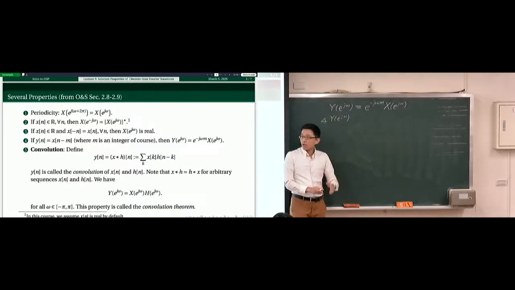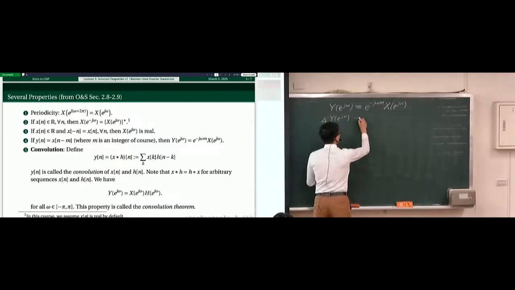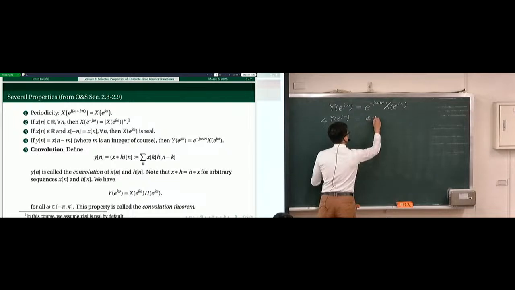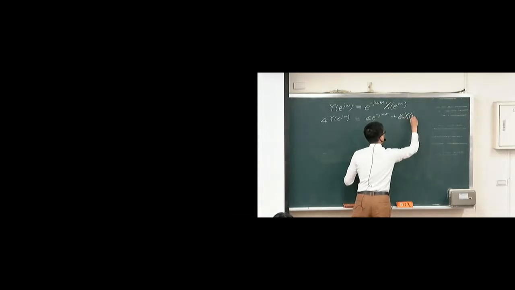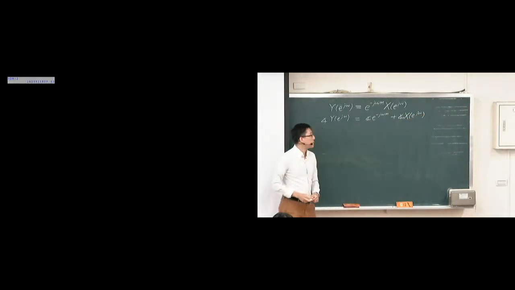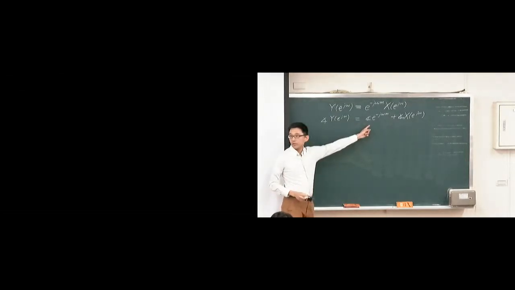So we get this result: the phase of this complex number, plus the phase of the original spectrum of x, big X. So far, so good? The phase will have this summation relation.